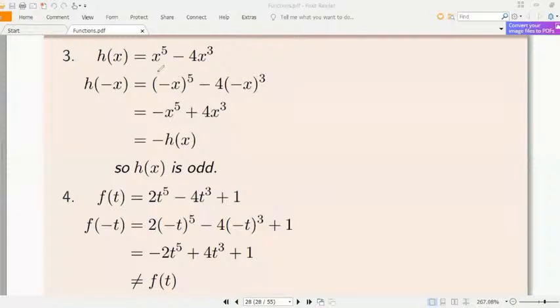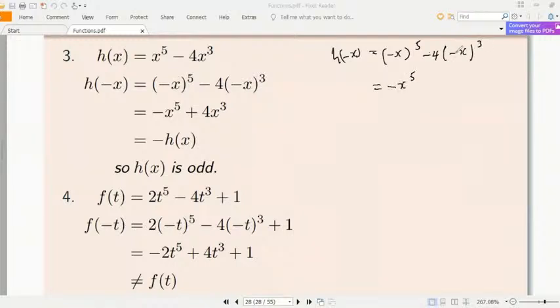It was h of x. H of x is this. So I just want to see whether it's even or odd. I first of all get h of negative x. So that means it will be negative x raised to 5 minus 4, negative x raised to 3. What I know is that negative raised to an odd number will be negative.